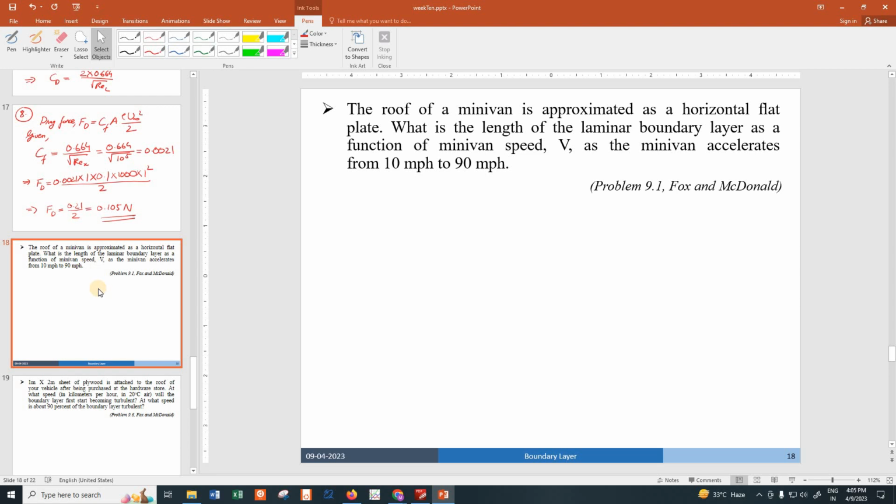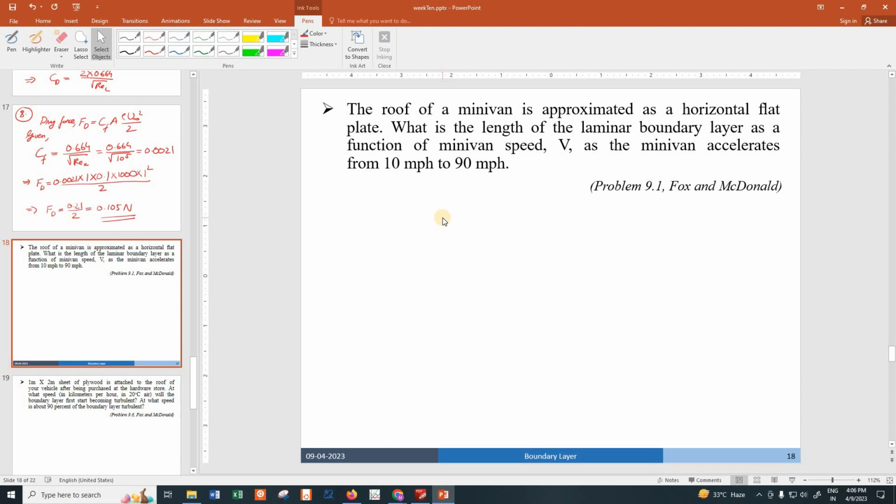Okay, so let's do some problems from the Fox and McDonald's book. The roof of a minivan is approximated as a horizontal flat plate.